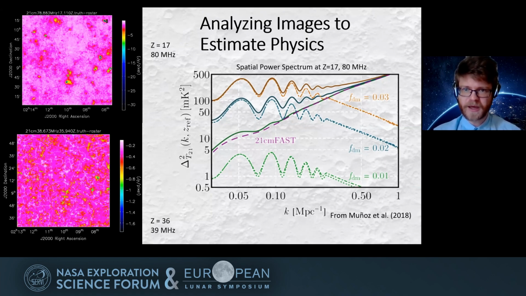What you're seeing here is these blue and orange lines represent exotic physics scenarios where there is a relatively large fraction of charged dark matter, and this introduces more spatial structure in the sky. And only through imaging can we actually tell this spatial distribution.